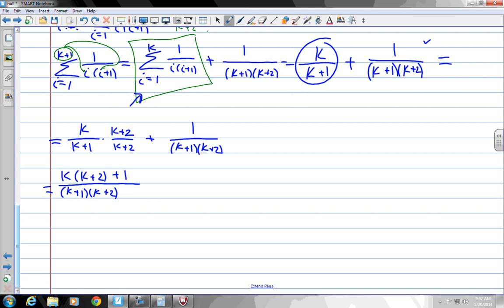Is that okay? Because at this point, I'm just adding fractions. We had to multiply by k plus 2 to get them to have the same denominator, right? Are we okay with that? So now let's simplify. Distribute k, so that's k squared plus 2k plus 1 over k plus 1, k plus 2.